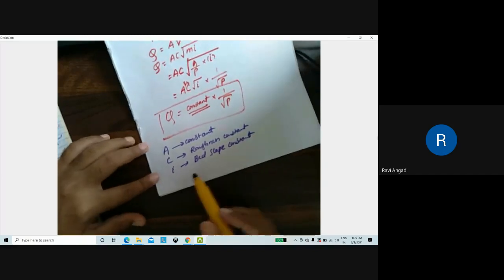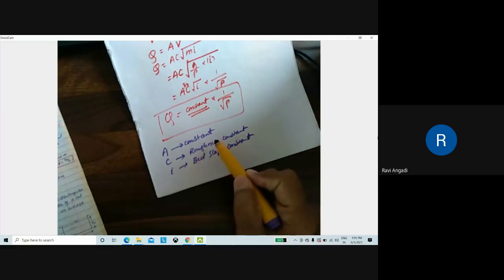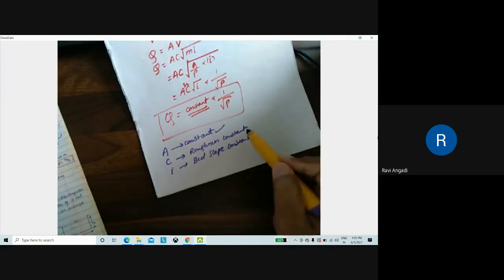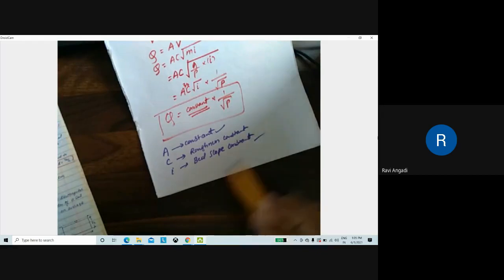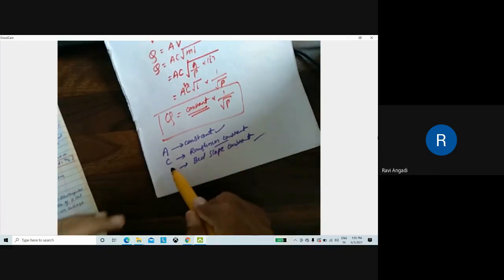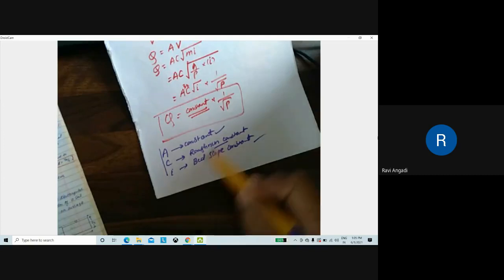Okay, so it means the open channel conveys a maximum discharge for a given area. The area is given, the cross-sectional area is not changing. For a given bed slope, that is also constant. And also the surface resistance, the roughness, this value of C. So keeping all this constant, only the perimeter is the variable.